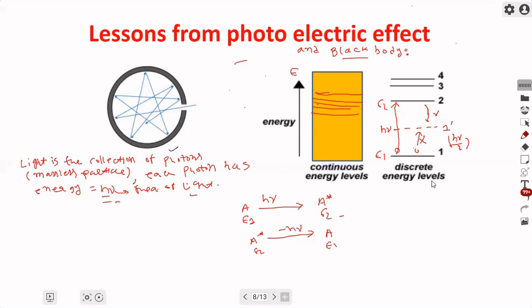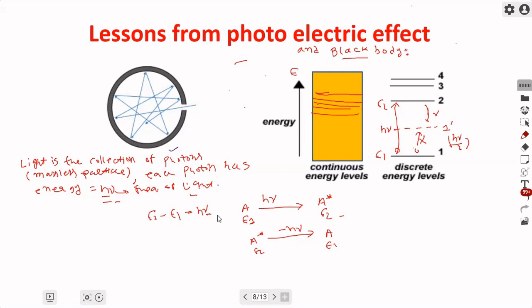This change in energy is actually proportional to the frequency. How? When you see this energy gap, this is just an energy balance. What is the energy difference between A star and A? It is hν, so E2 minus E1. Basically, the energy gap is proportional to the frequency.